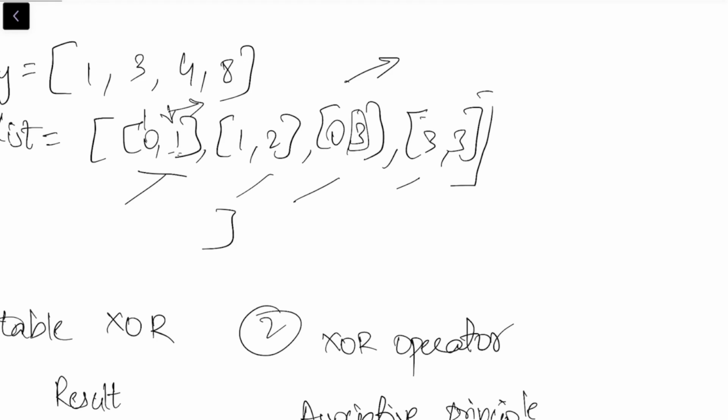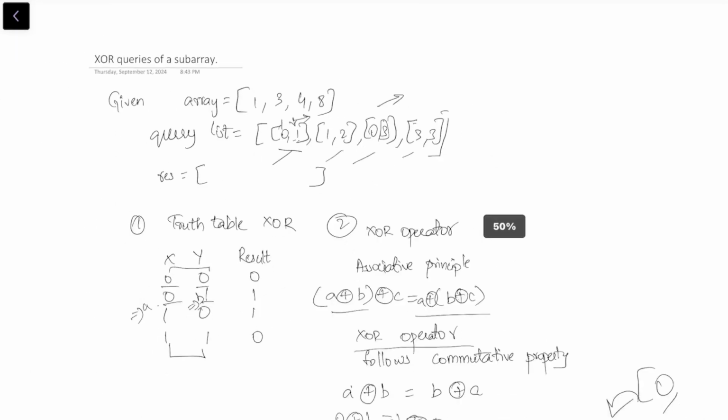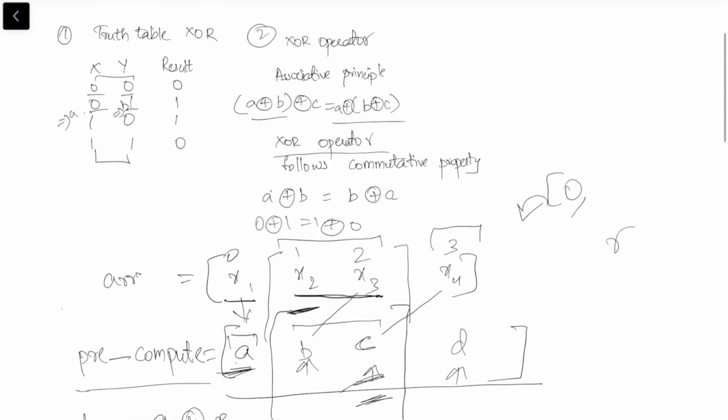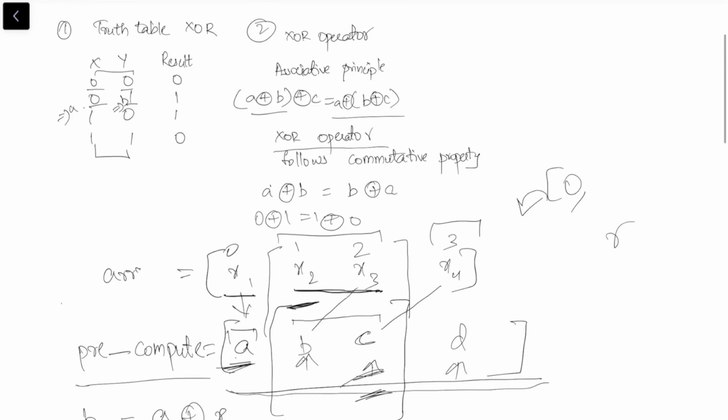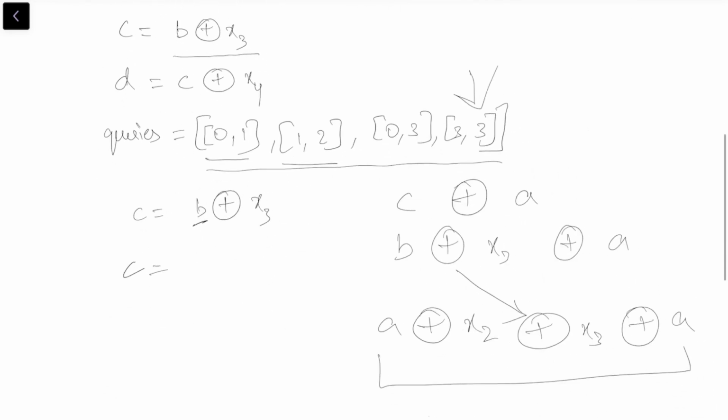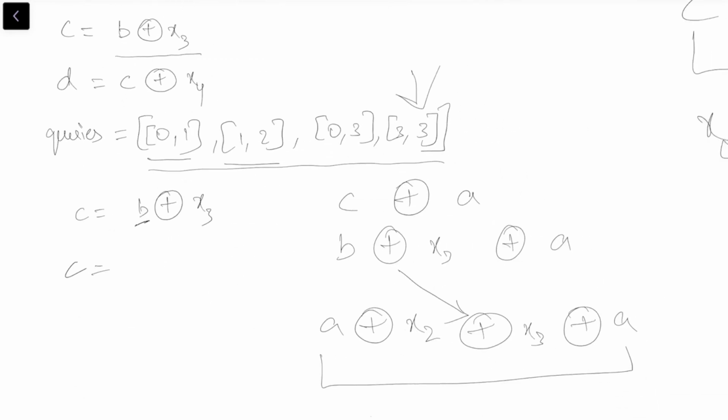That's how it works. Okay. Firstly, we create a list which will pre-compute the XOR in the order they come, and then find the answer for each and every query using this. Okay, now we'll see how to code.